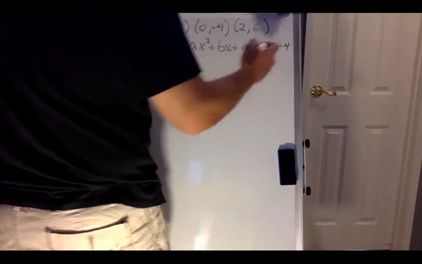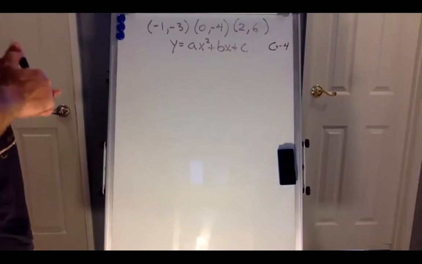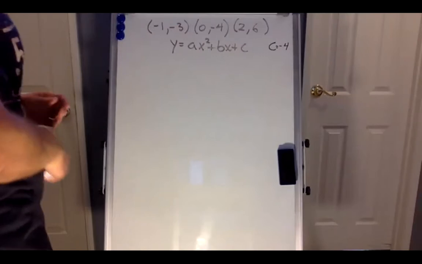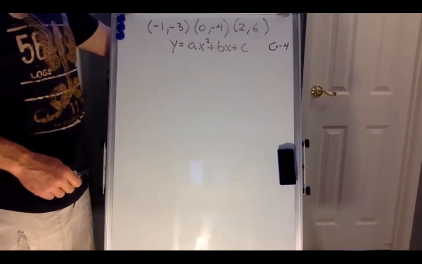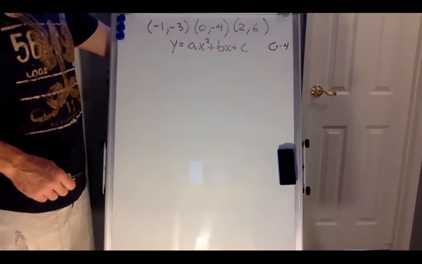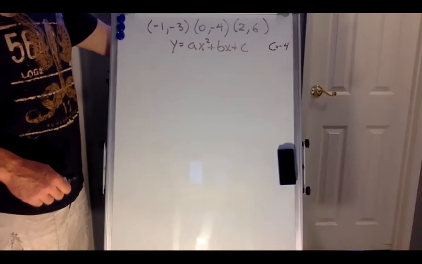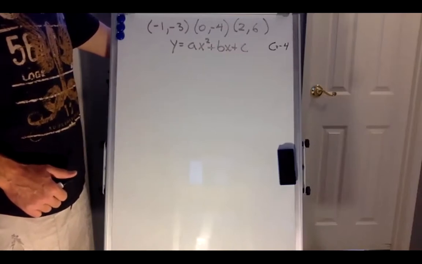What if they didn't give you that point, though? How would you have found C? I don't know. Hint: system of equations. I hate systems of equations. This system of equations is going to have 3 variables in it.